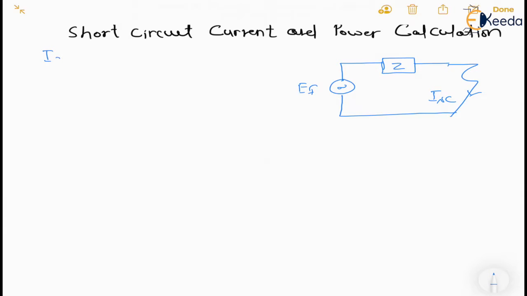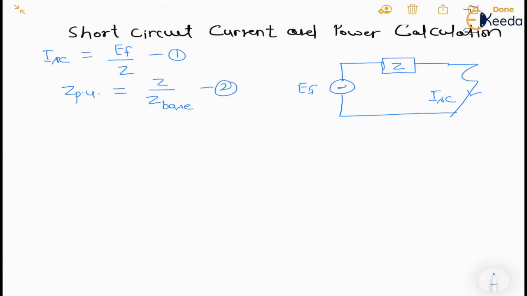From here we can write that the value of Isc is equal to Ef upon Z, and we also can see that the value of Zpu is equal to Z actual upon Z base.